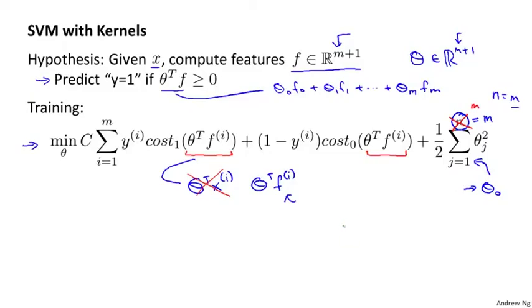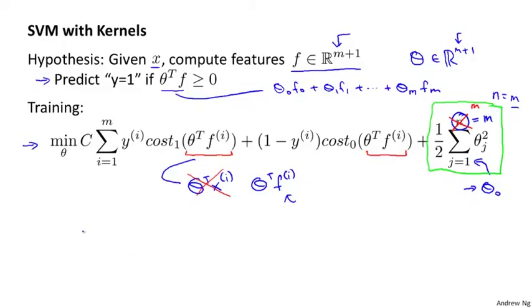There's one mathematical detail aside that I should mention, which is that in the way a support vector machine is implemented, this last term is actually done a little bit differently. You don't really need to know about this last detail in order to use support vector machines, and in fact the equation that I've written down here should give you all the intuitions that you need.